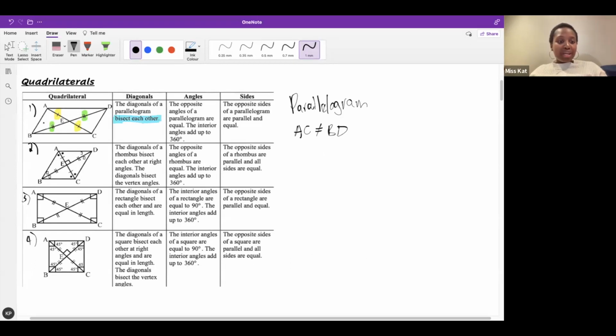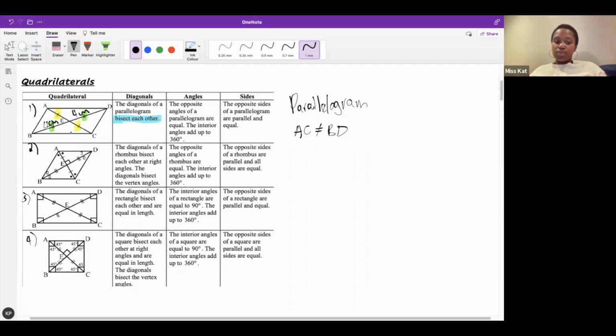So if BE is 4 centimeters, how long is ED? It is 4 centimeters, right? And does it mean that AE is 4 centimeters?